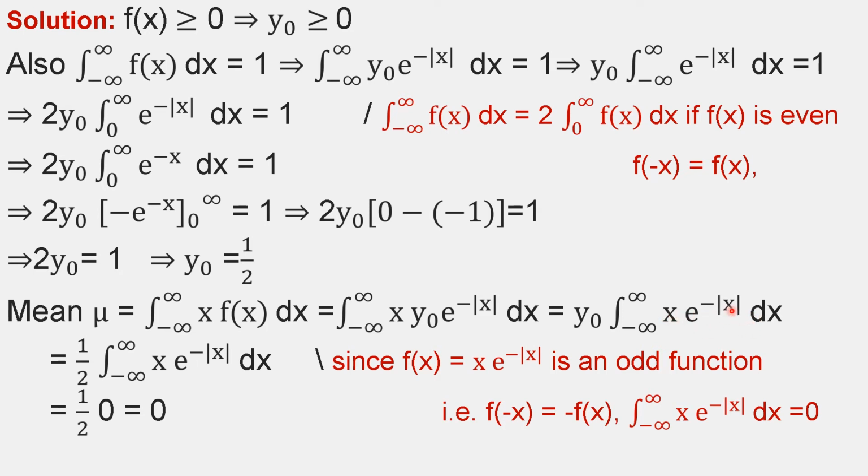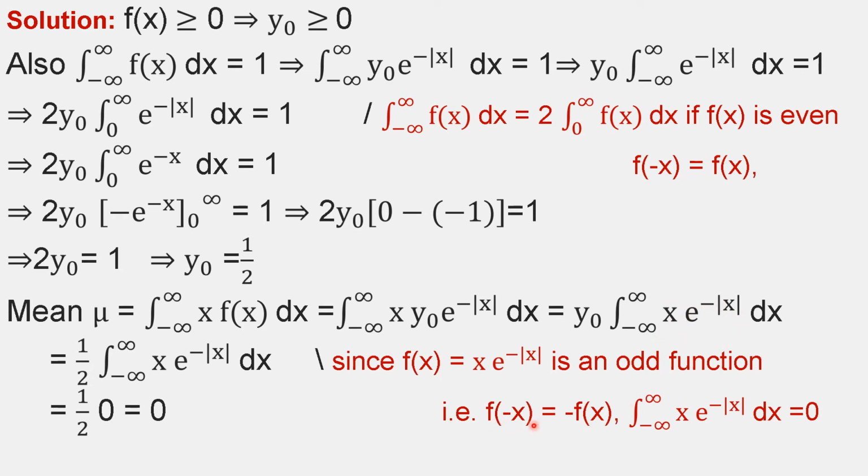So here the integrand f of x. Put x as minus x, it will be minus x into e power minus mod of minus x. Mod of minus x is the same as mod x. So minus x into e power minus mod x, minus of x into e power minus mod x, means minus f of x itself.